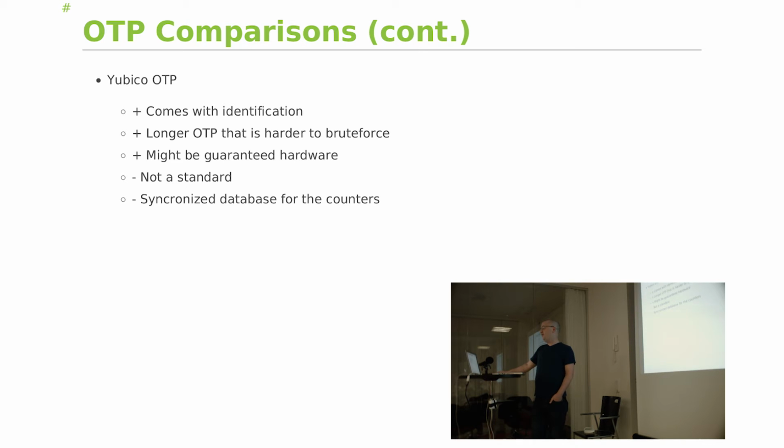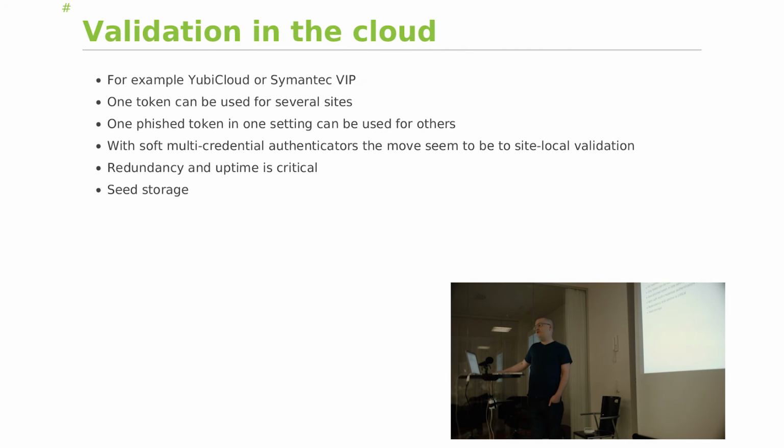Again, we're dealing with the synchronized database of counters for the validation, which is not very nice to have to run. I mentioned some stuff on validation in the cloud, and with this, the YubiCloud exists for Yubico OTP.